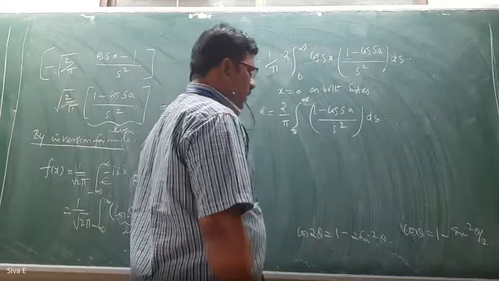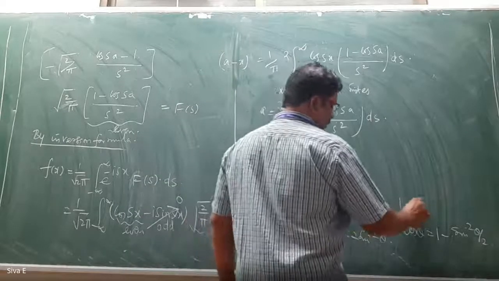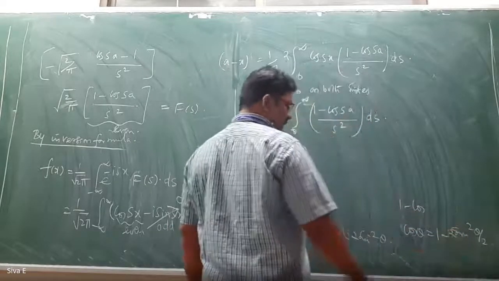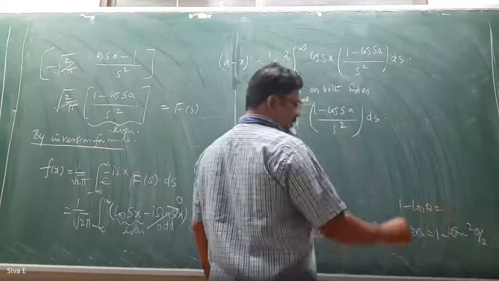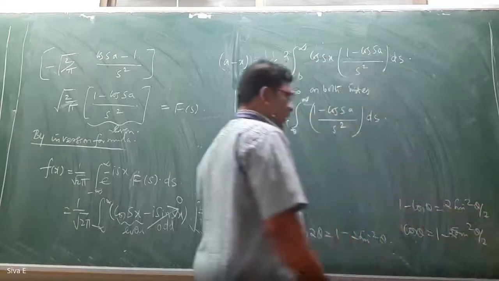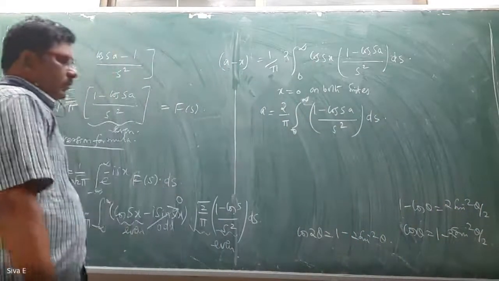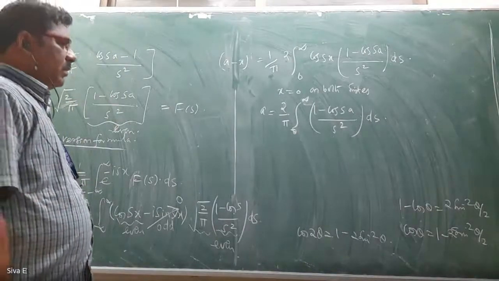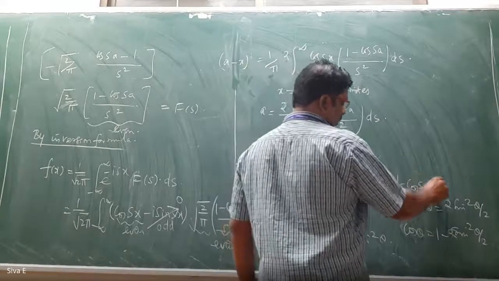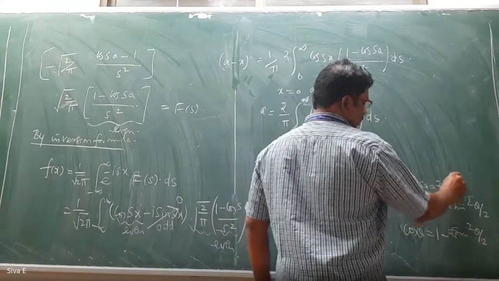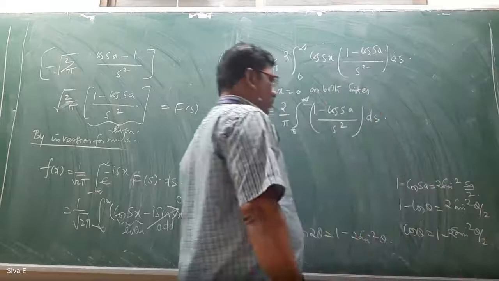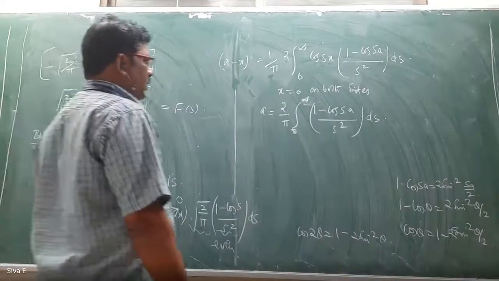So 1 minus cos theta equals 2 sin square theta by 2. Using this formula, 1 minus cos sa is 2 sin square sa by 2.